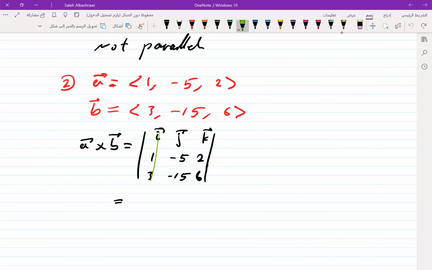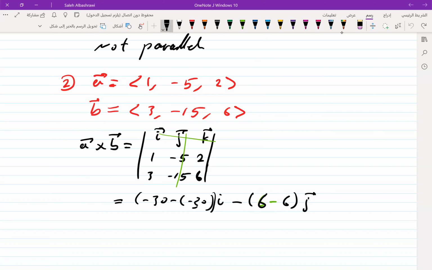for I, cross the first one, minus 5 times 6 is minus 30, minus, okay, it will be minus 30, minus 30 I, minus. Now cross the second one, it will be 6 minus 6, J, plus.